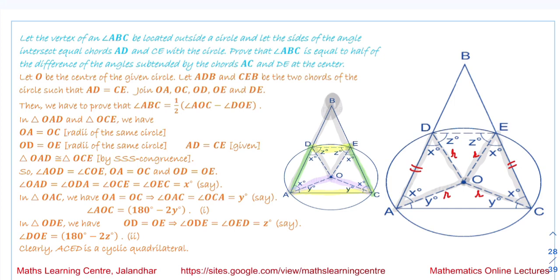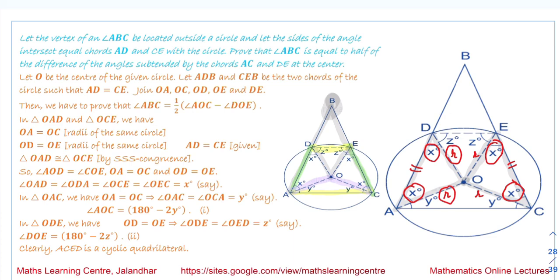Suppose this angle is x, then the value of this angle is also x. So these two triangles are congruent to each other. It means these angles over here are also equal to x degrees.